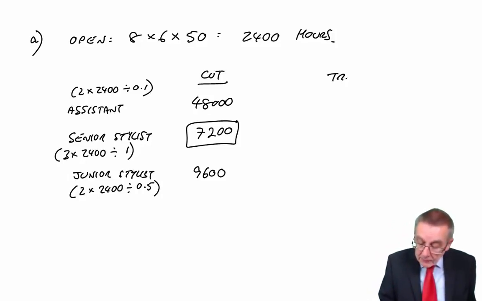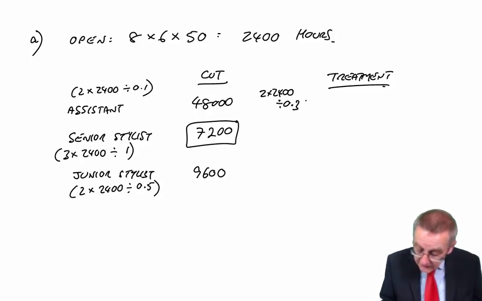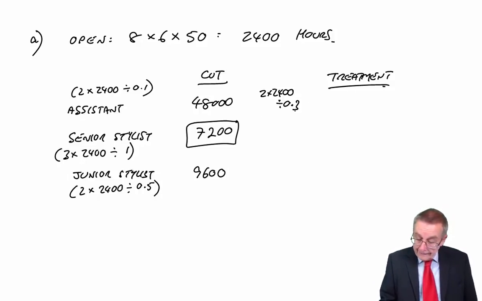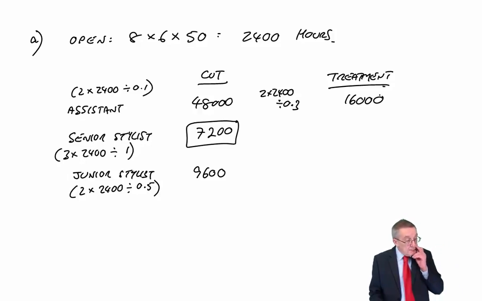Well, in exactly the same way, what about those who just want a treatment? The assistants, 2 at 2,400, each treatment takes 0.3 hours. So they could deal with 16,000 customers.